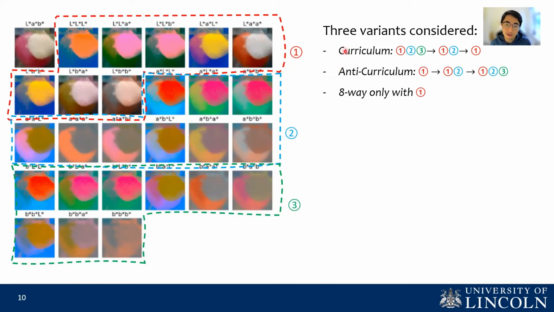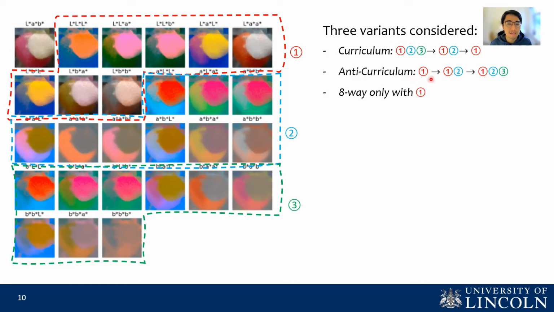For example, the curriculum mode does channel randomization, but after some training epochs, it drops the last group. And then after more epochs, it only produces the first group. The intuition behind this is to train the neural network with easy examples early, but train it with difficult ones later.